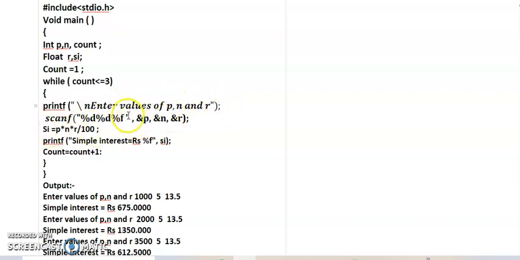and r, and scanf. P and N are both integers, and R is a float. Float is always written in small letters, so everything is small.